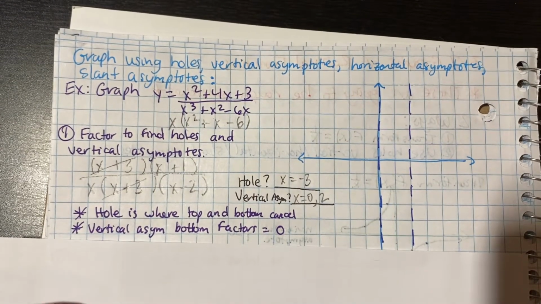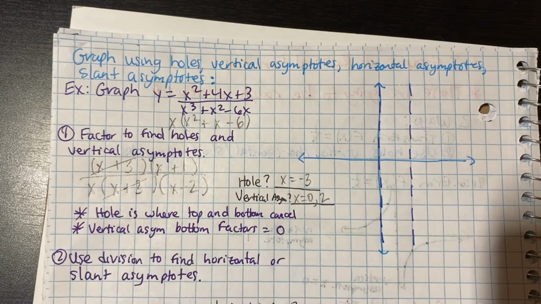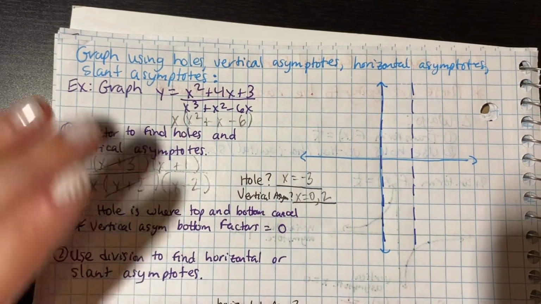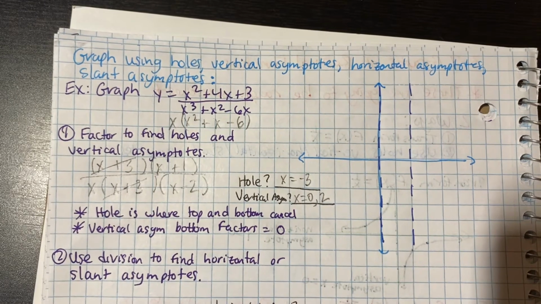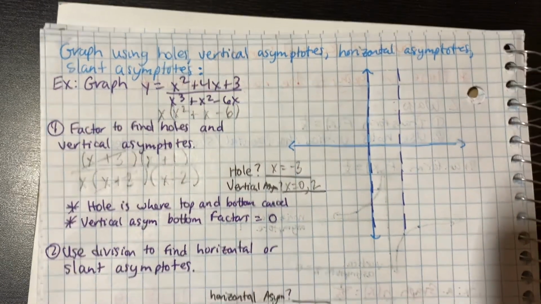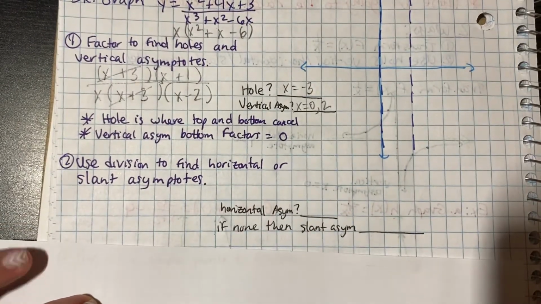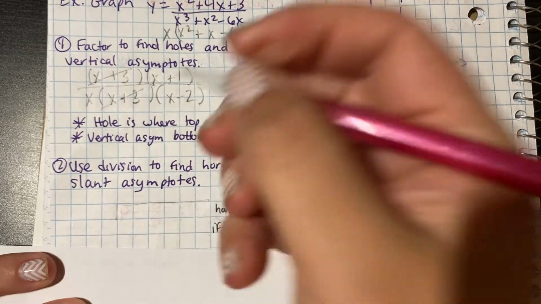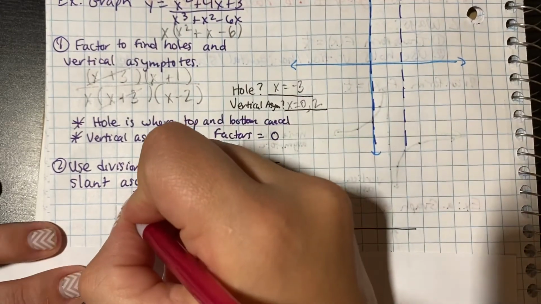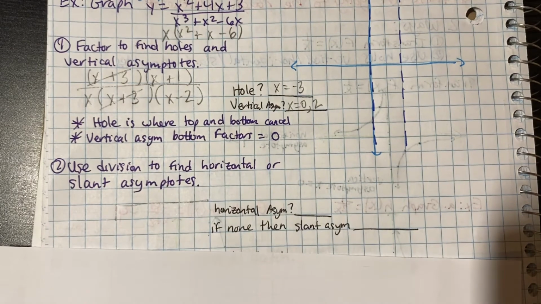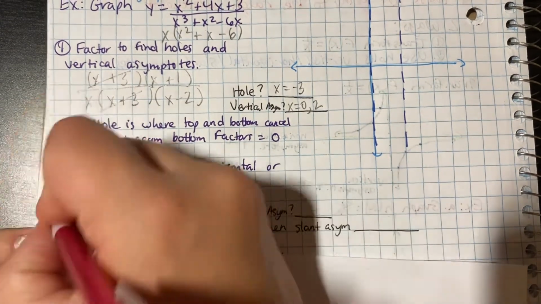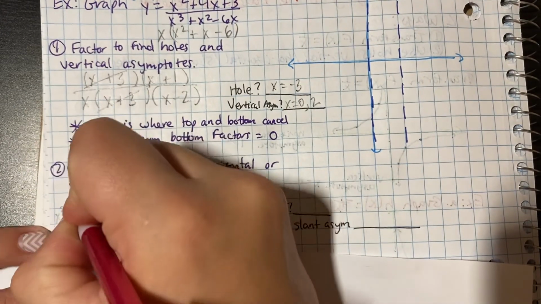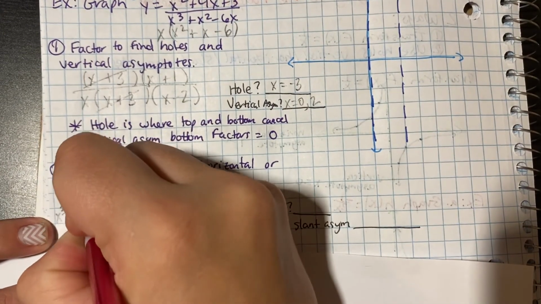Okay. All right, number 2, use division to find horizontal or slant asymptotes. It's probably been a little while since you've done long division with factors like this. So we're going to do x cubed plus x squared minus 6.